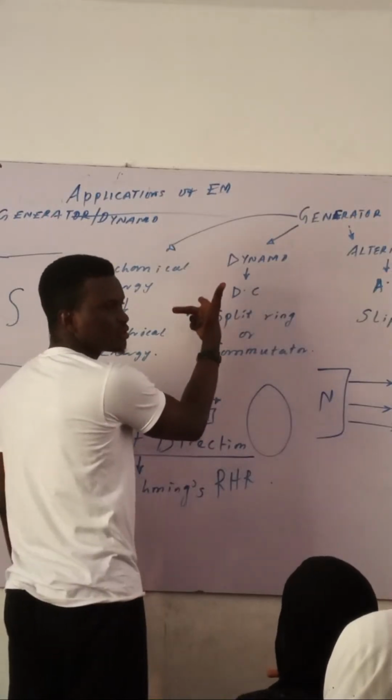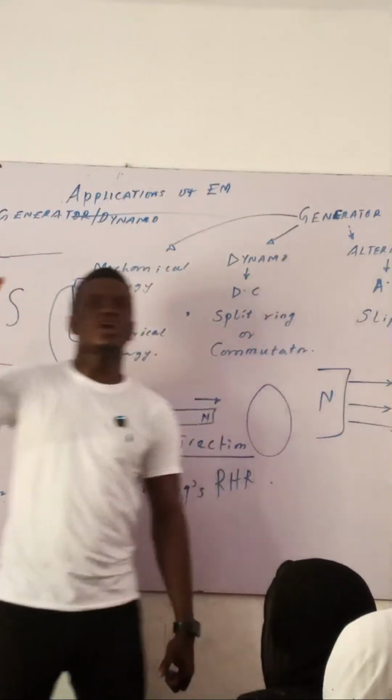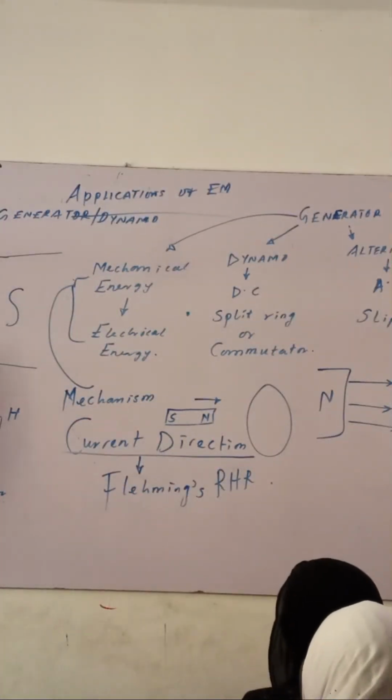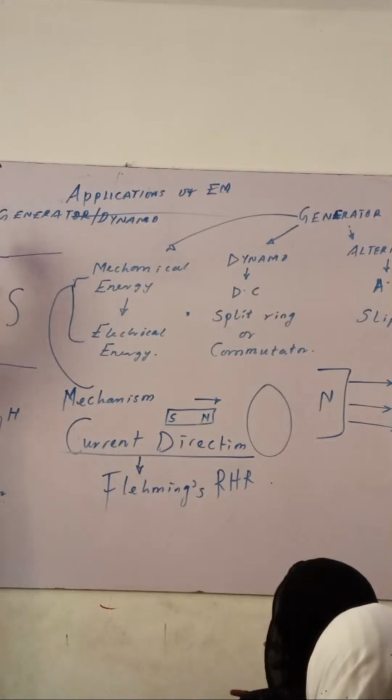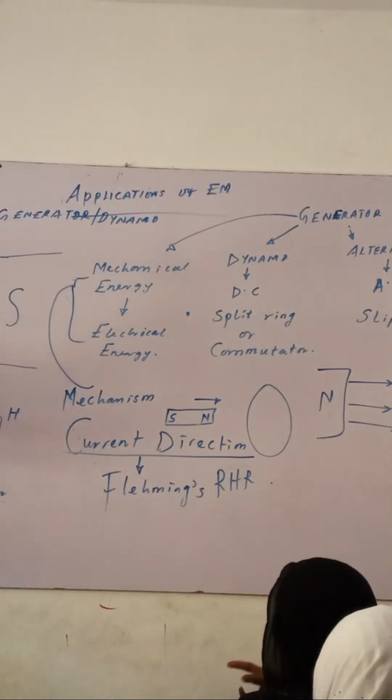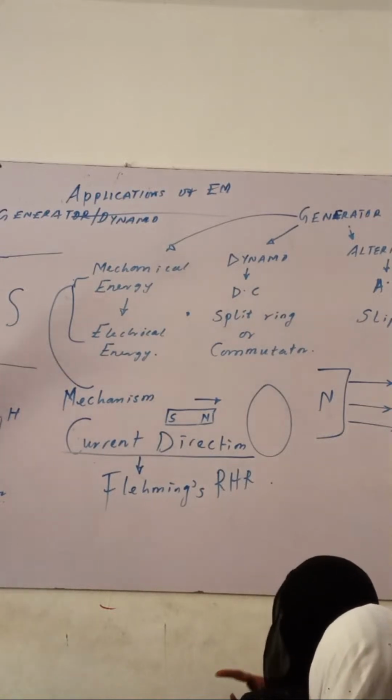Is that clear? So now after you have done that, you come here. We want to rotate it this way, meaning that B and A, I want them to go up. So let me say that is the force. If it's coming outside, you know what that means. That's why I put dots.